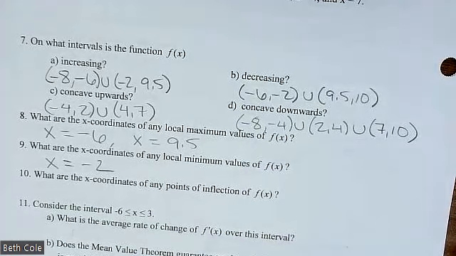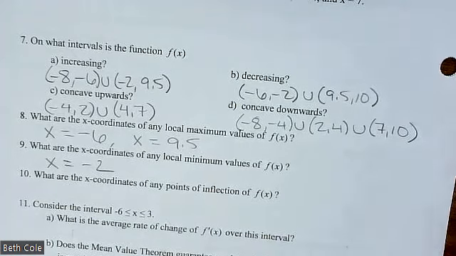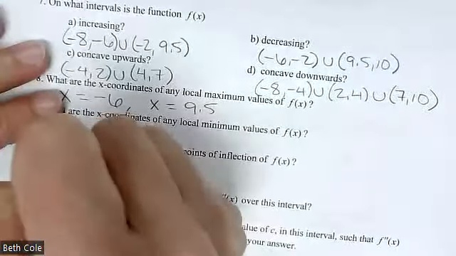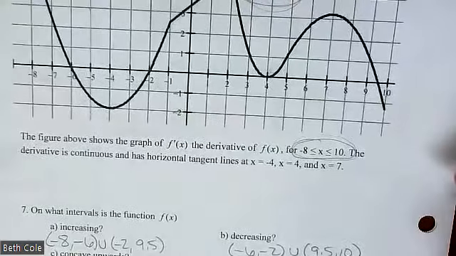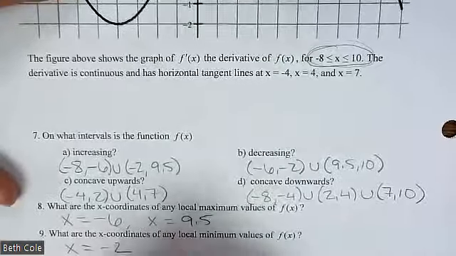All right, and then inflection points, look at your sticky note. It's where the original function changes from concave up to concave down or vice versa. So that's where the first derivative changes from what to what? Good, increasing to decreasing or decreasing to increasing. There's going to be a lot of them, okay? Where do we have a change from decreasing to increasing or vice versa? All right, -4.